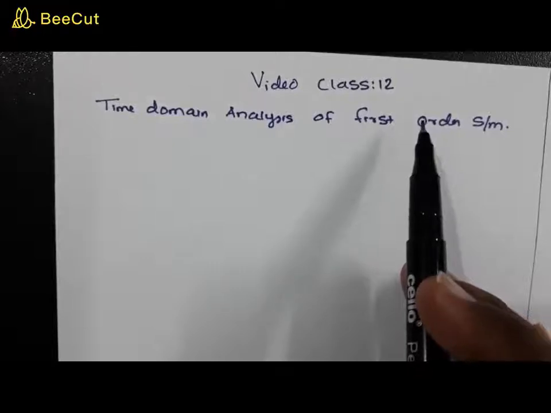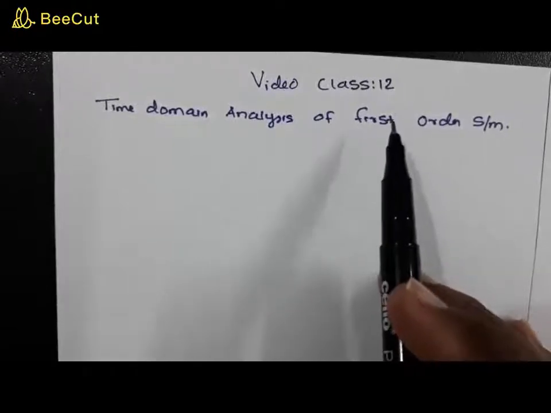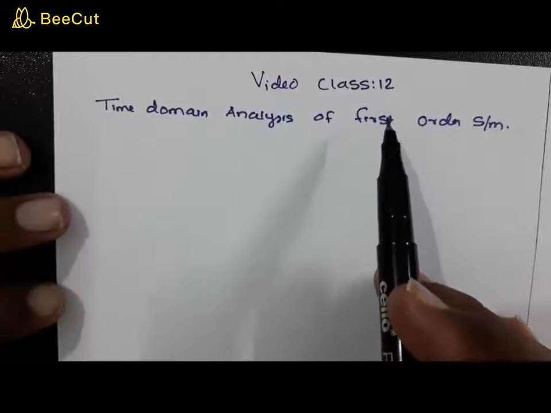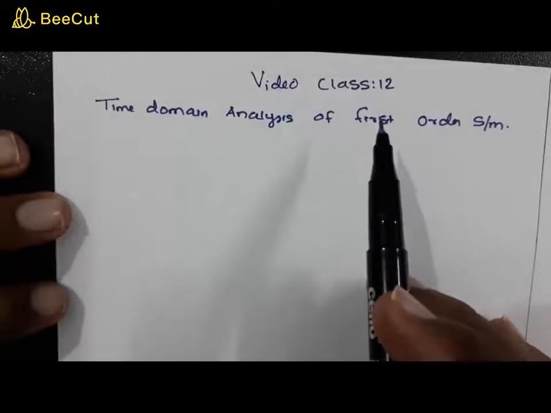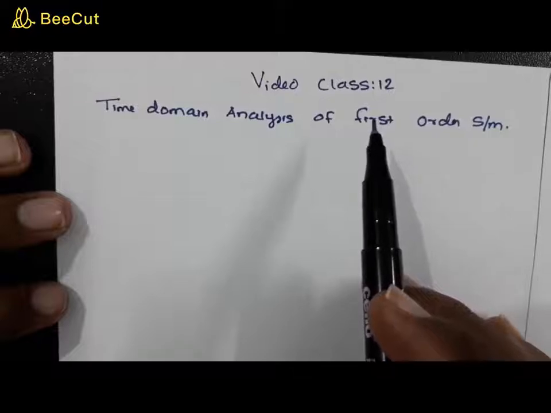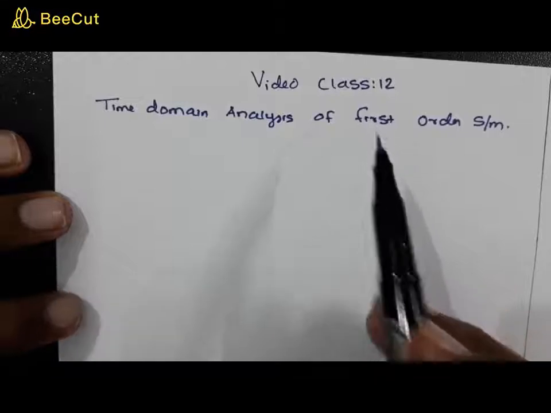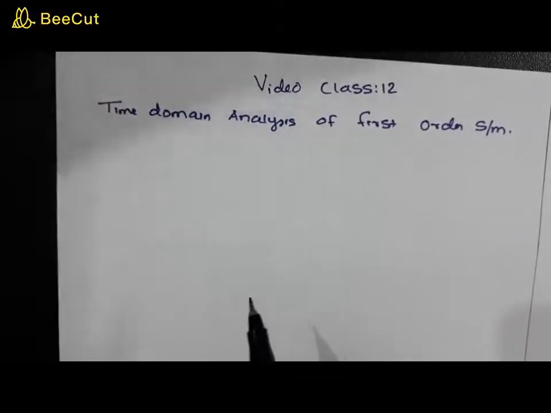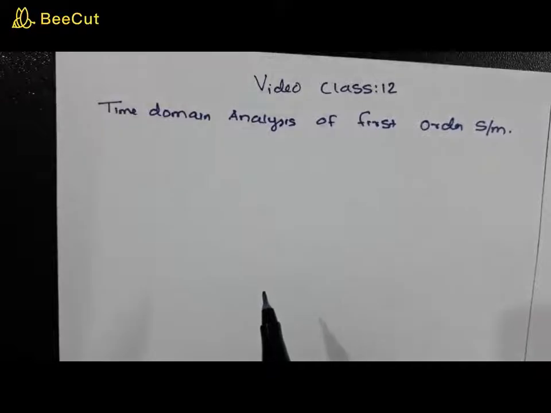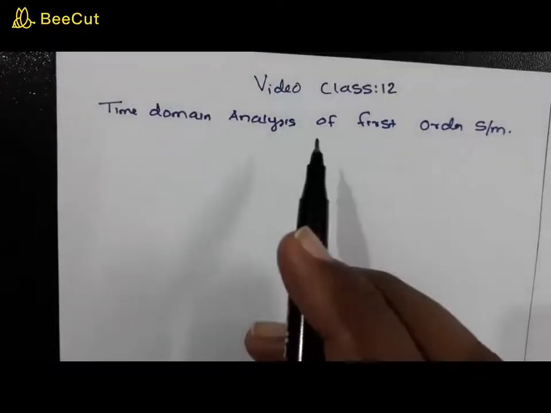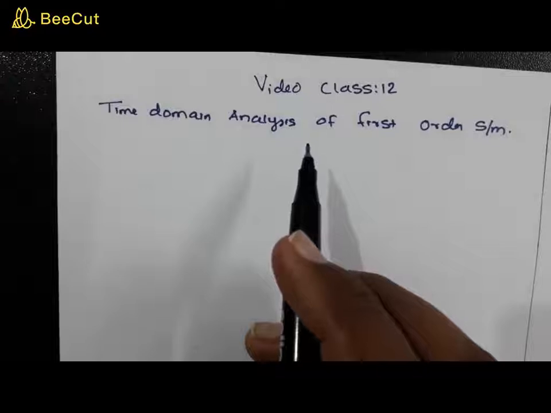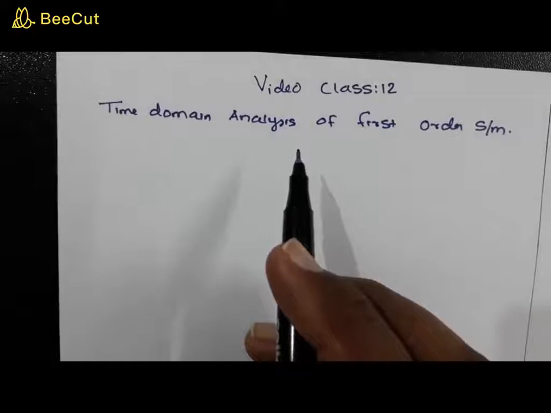Now, before going into this first order system, I would like to continue on the topic which we started in video class 11. That is, some more basics are there. In the last video we stopped with the transfer function of a closed loop system, and we have seen or explained what zeros and poles are, and what we mean by characteristic equation.